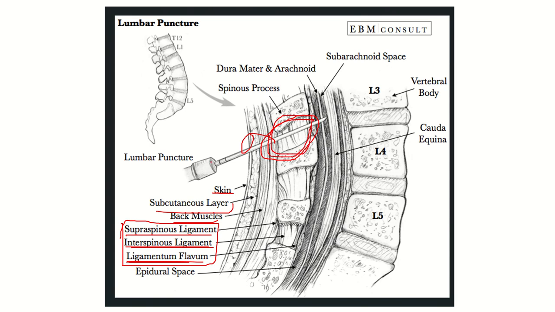So we have to pass the needle through them, and the most outer structure here is the supraspinous ligament, then the interspinous ligament, then ligamentum flavum. So we have to pierce these three ligaments to reach up to here to collect this CSF, or cerebrospinal fluid, in the subarachnoid space.